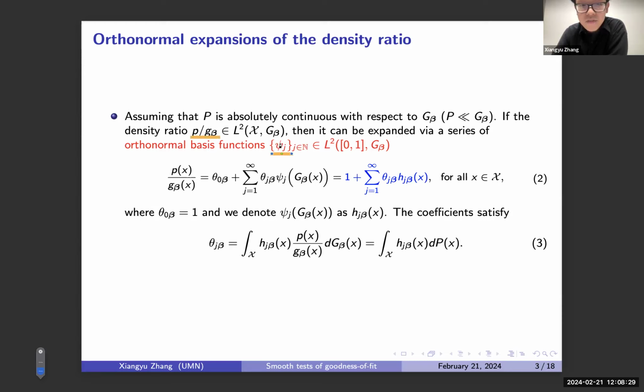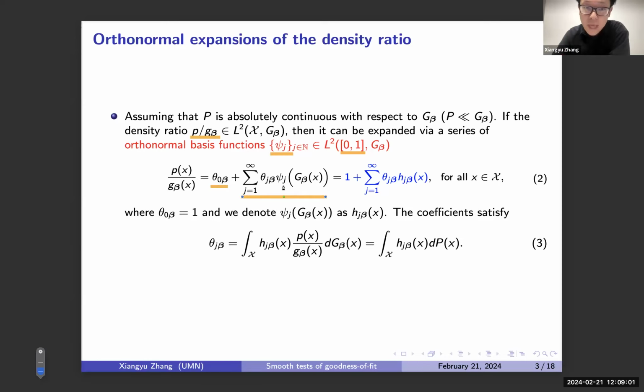The orthonormal basis functions are required to be square integrable on the unit interval [0,1] with respect to the measure g_beta. For convention, we always let phi_0 be equal to 1, so that our expansion starts with theta_0 beta. Actually, it is theta_0 beta times 1, but we always set phi_0 to be 1. And this is our expansion.